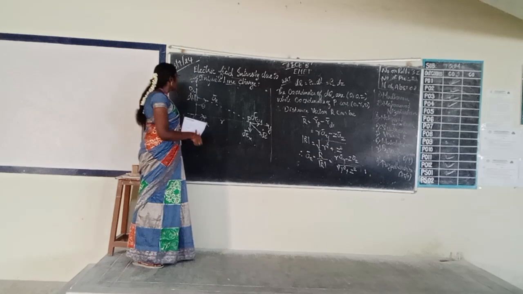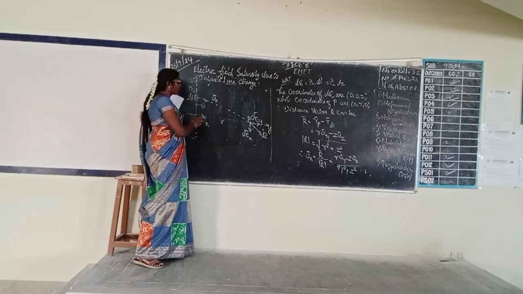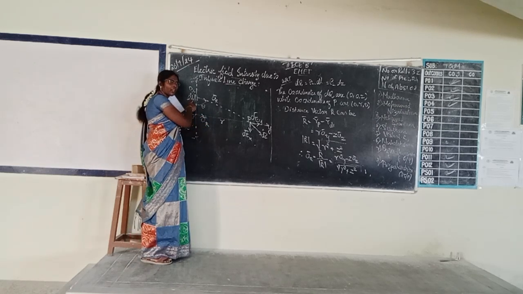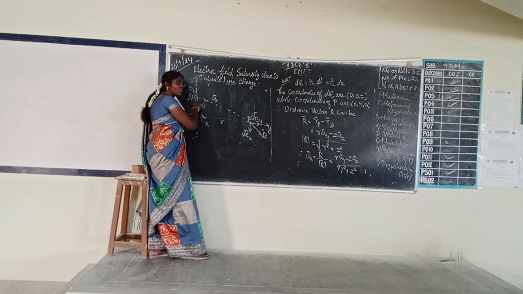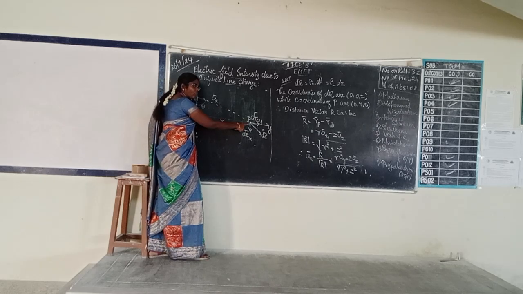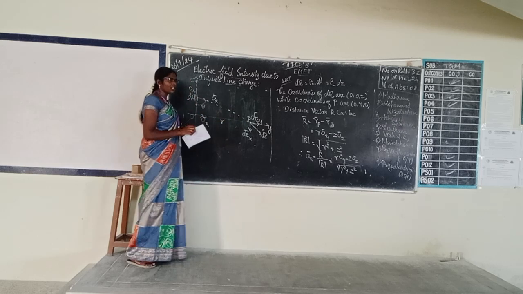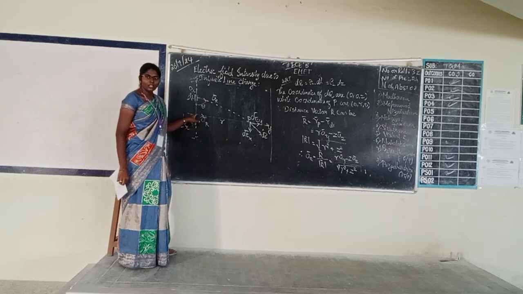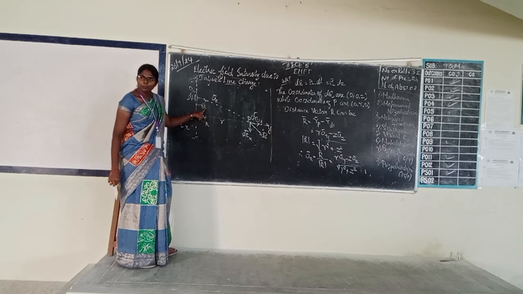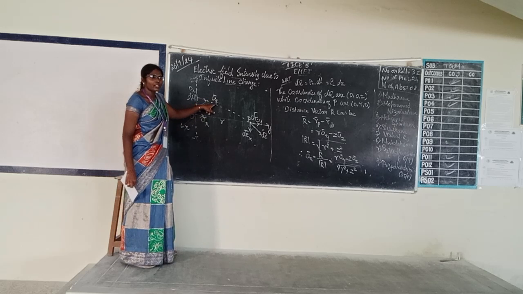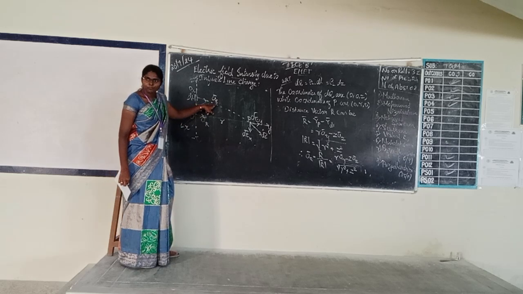Now, what representation we have to take: this is the smallest element we are going to consider. Here is my point where I need to know the electric field, how much the electric intensity is. The angle with respect to the object is taken as theta, and its unit vector is taken as A vector.